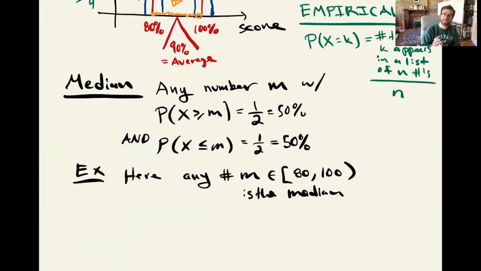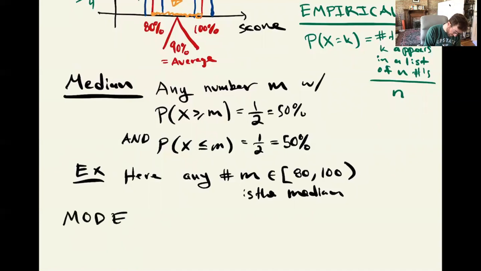But you might just pick one in the middle and say that's the median. I'd say the general rule of thumb is people take the smallest number which satisfies this property of 50% being above, 50% being below. All right, but we've got one more summary to consider, and this is the mode.